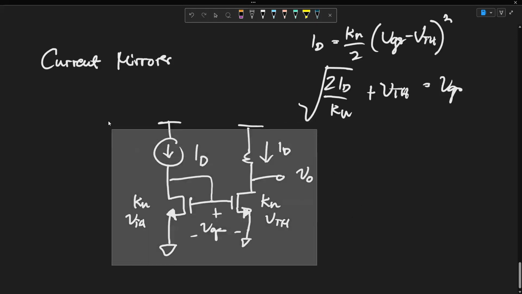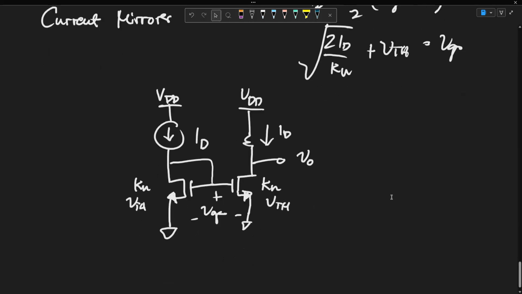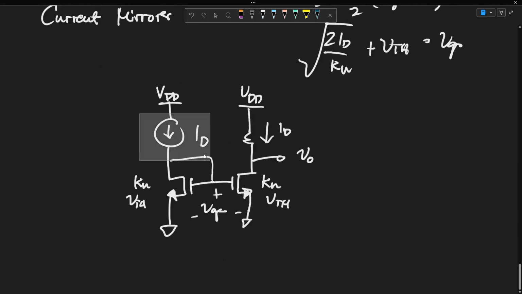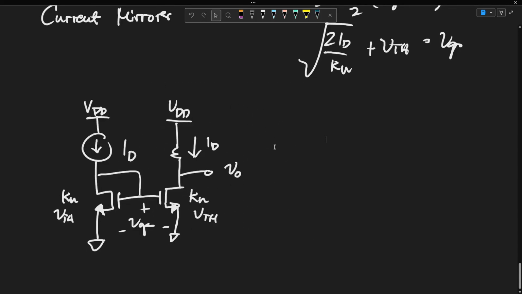So this is actually a biasing technique that's used everywhere. This is like the most legitimate biasing technique that you have. Now, how do you make an ID? It's a more advanced topic essentially.